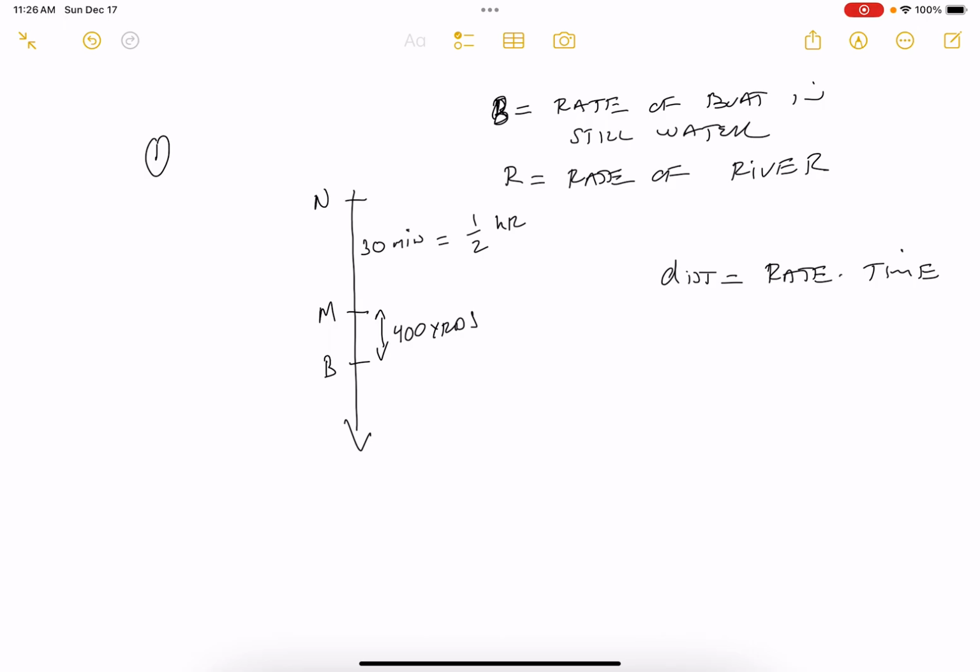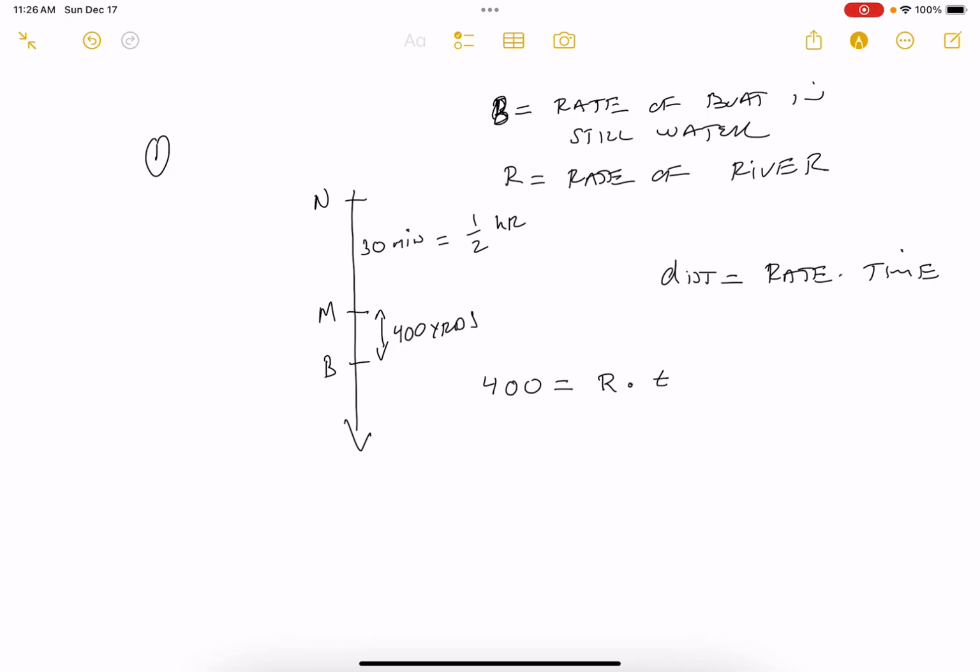All right, so what do we have here? Well, I do know that 400 yards, this is the distance, is equal to the rate of the river, that's R, times the time.